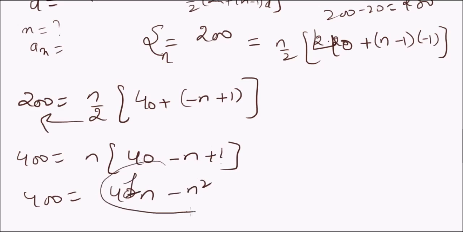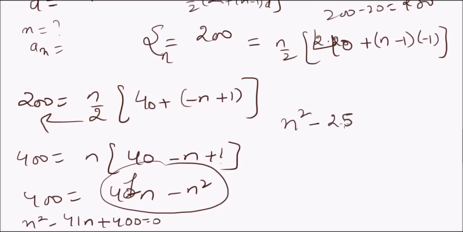Bringing these two terms to the left hand side and reducing the right hand side to 0, we have n square minus 41n plus 400 equal to 0. Or we can break this minus 41n as minus 25n minus 16n plus 400 equal to 0.